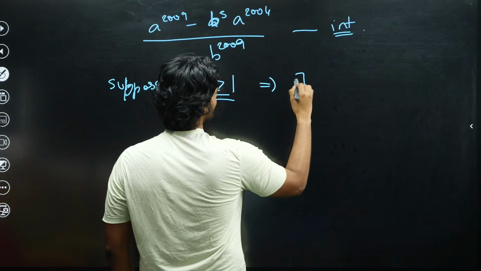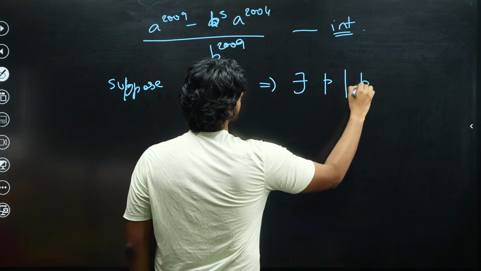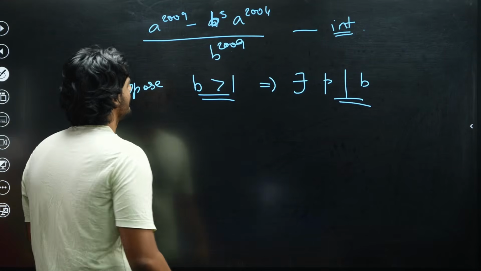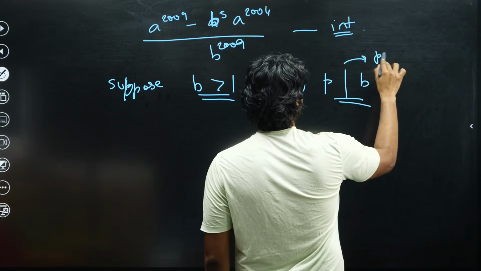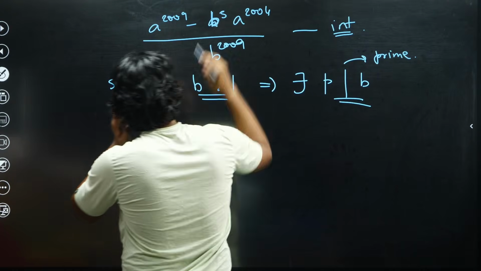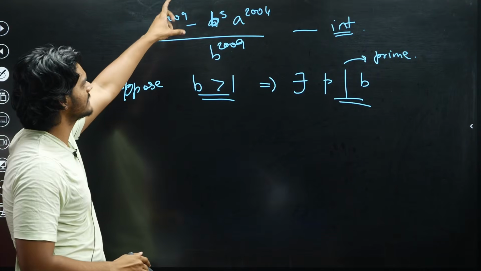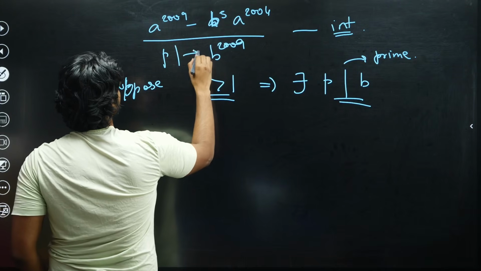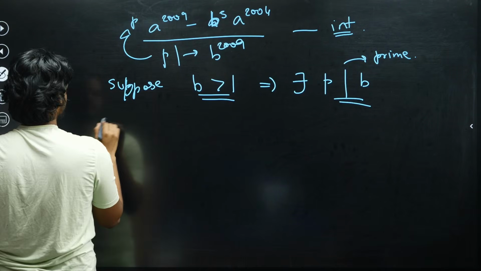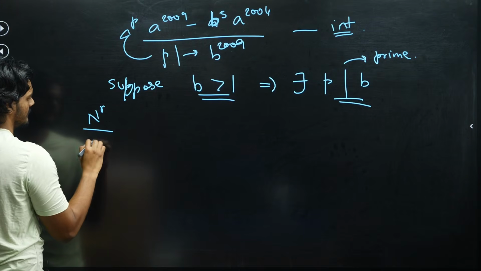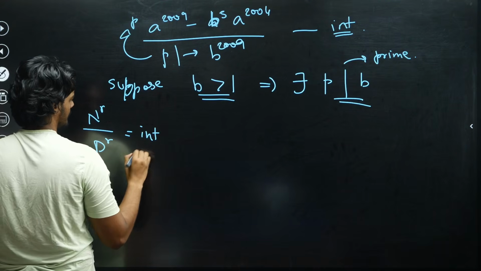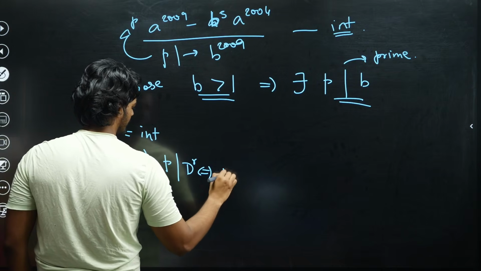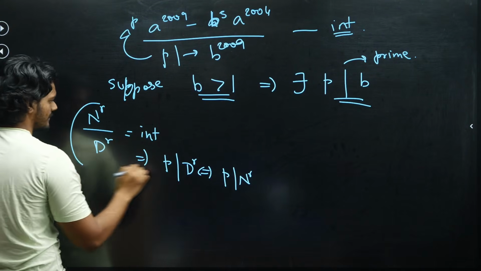That would mean there will exist a prime number p which would divide b. Greater than 1 means there will be a prime number, at least 2. This is an integer, which means the denominator cancels out completely. So if in a numerator by denominator this is an integer, p divides the denominator would imply p divides the numerator.